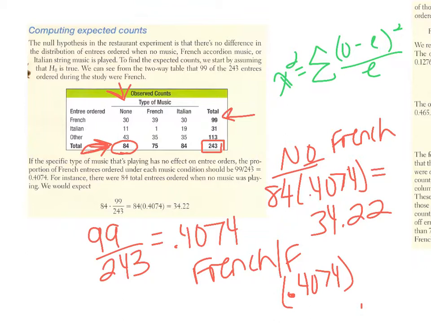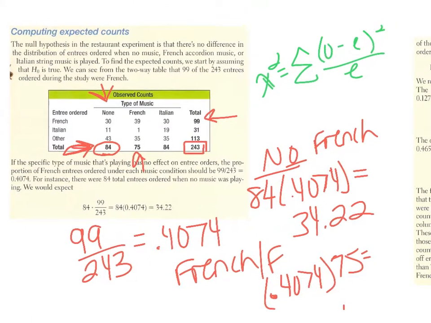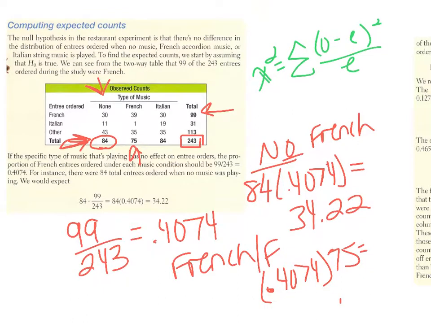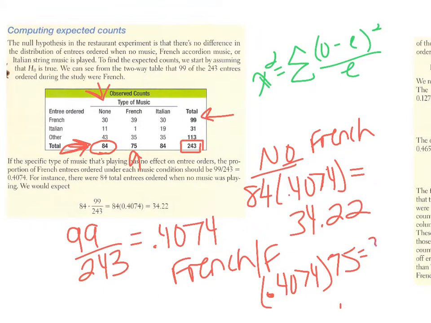When French music is being played, there was a total of 75 entrees ordered that evening. That would give us a total of 30.56 entrees. Then I can do that for my last one.